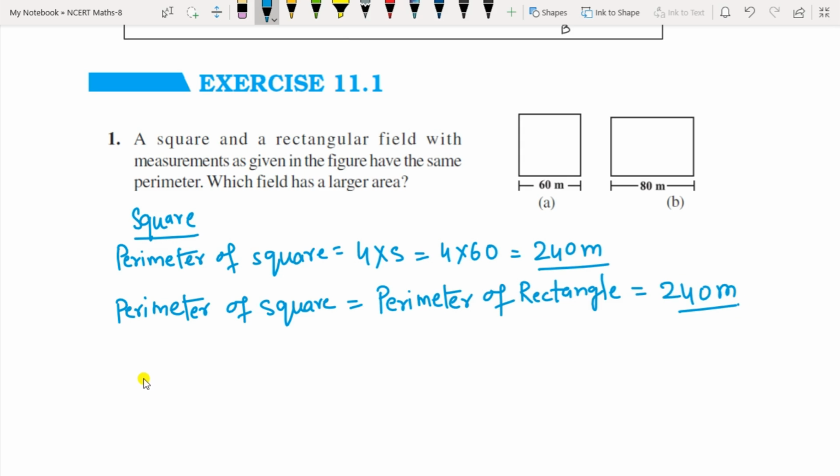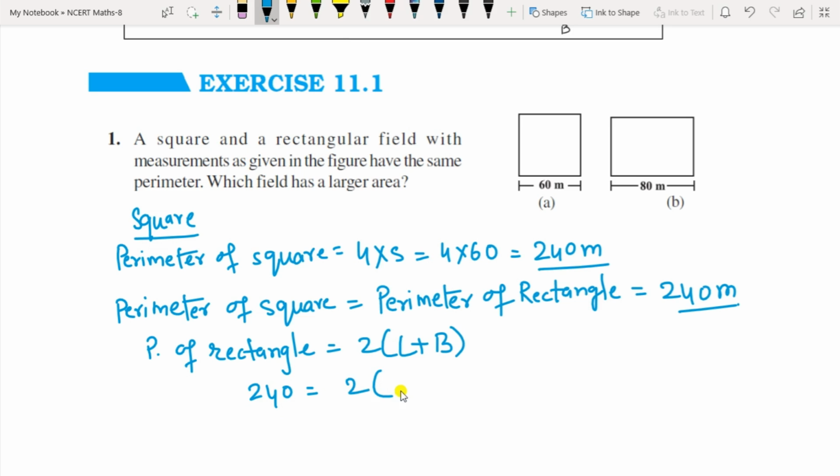Okay. Now we don't know the breadth of rectangle, so write the formula for perimeter of rectangle equal to 2 bracket L plus B. Substitute the values as 240 equal to 2 bracket. Length of the rectangle is 80 given here. We don't know the breadth.